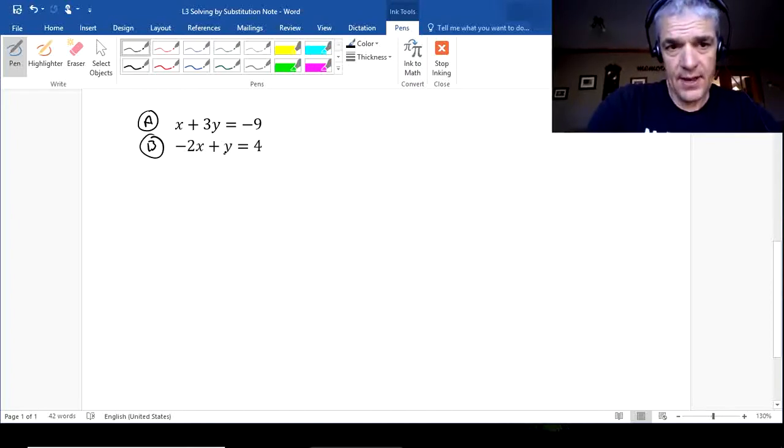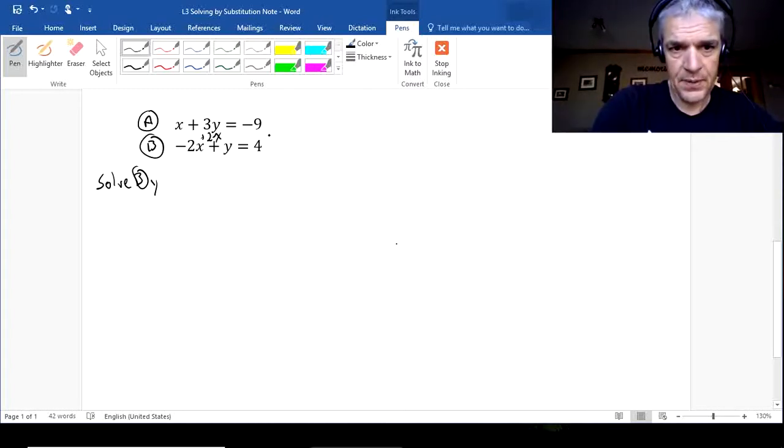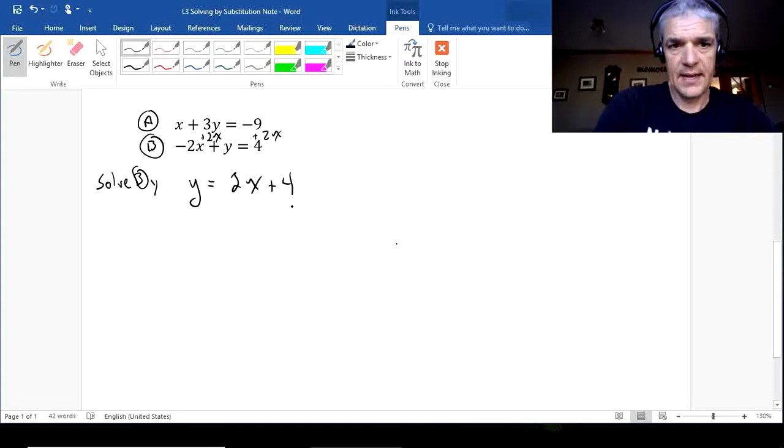So I'm going to solve for y. In this case, I'm going to add 2x here and add 2x here, and what I end up with is y equals 2x plus 4.